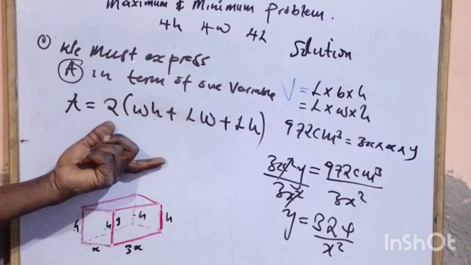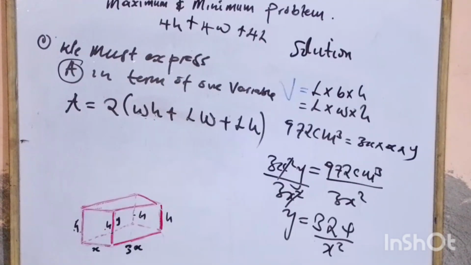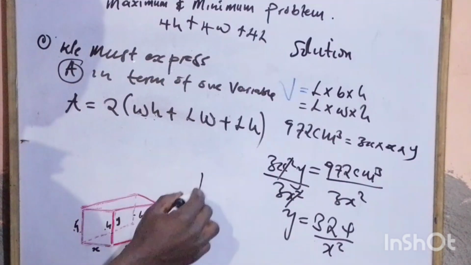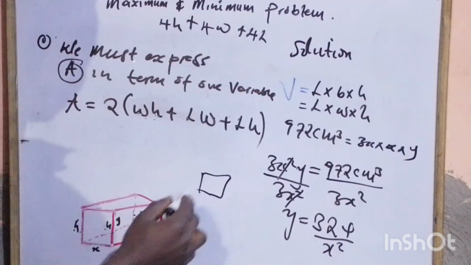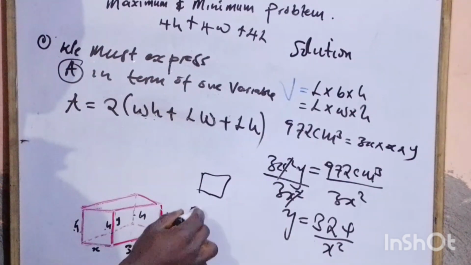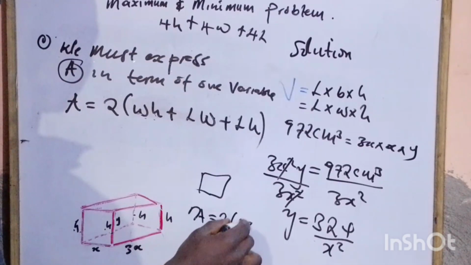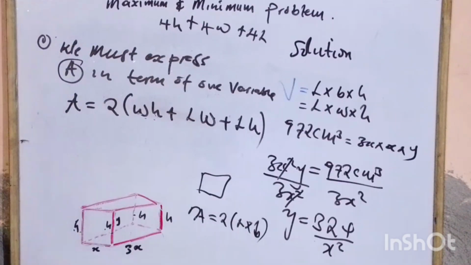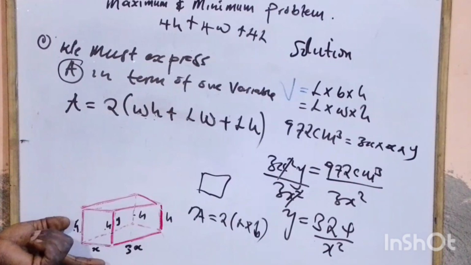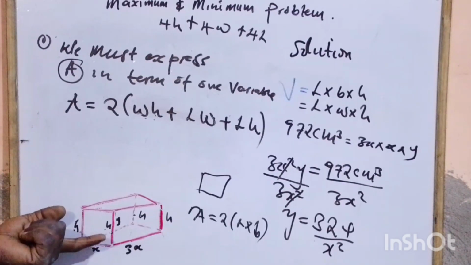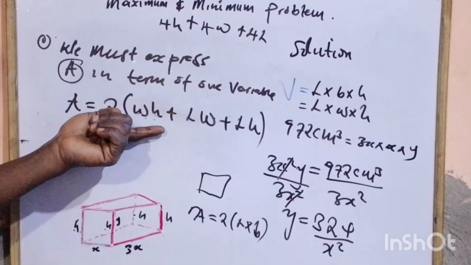So this is how I come up with this formula, because the area of just this rectangle here is 2 open bracket L times B. But in a case where we have a closed rectangular box, we are going to use this formula here.